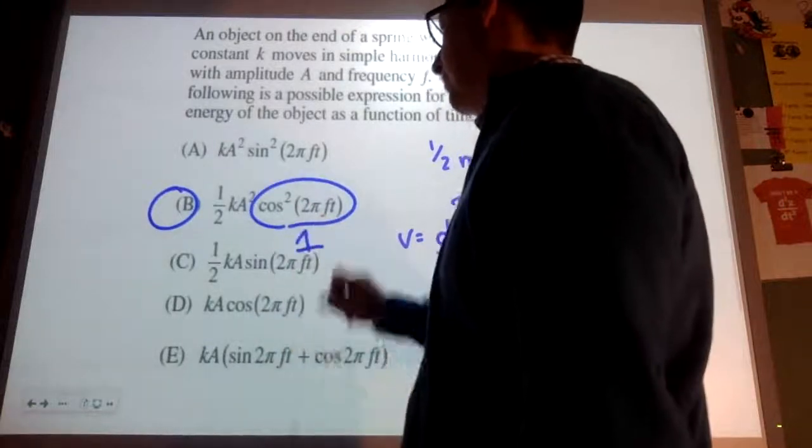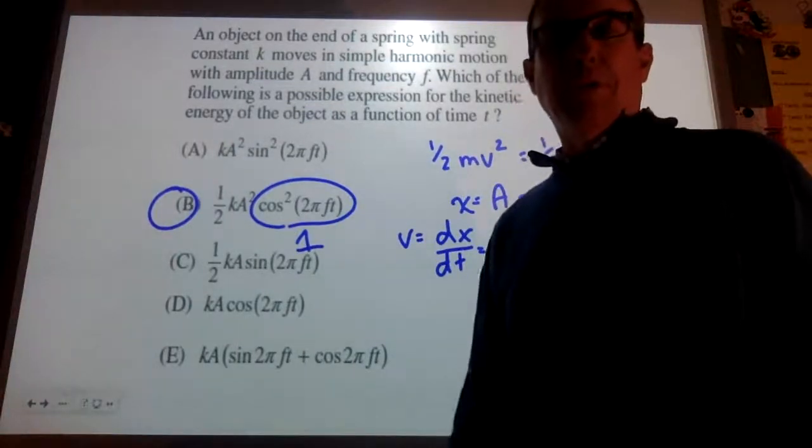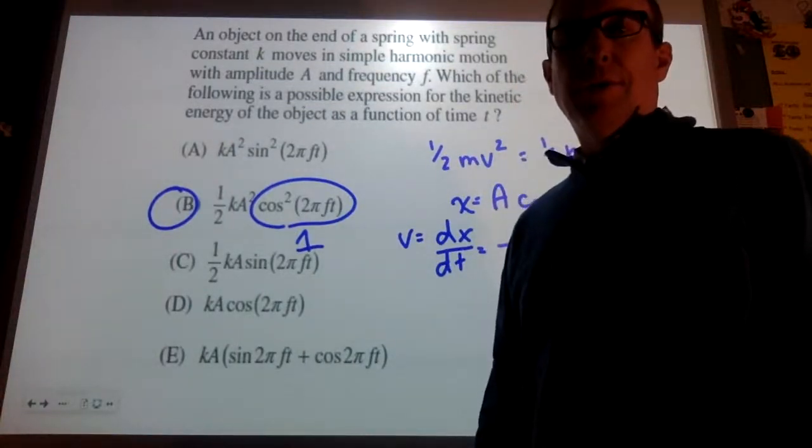This is going to be 1. Cosine of 0 is 1.